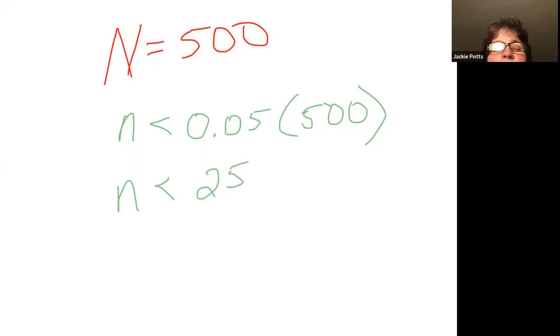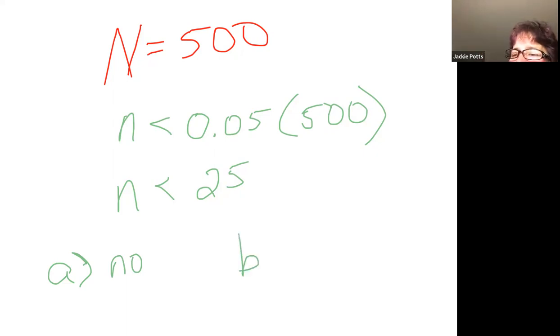So I have to have a sample size of less than 25. Looking at the first one, A, does it meet? It's saying I have a sample size of 50. Answer is no, because that's actually 10% of the population. So A, no, it's too big. But looking at B, my sample size is 20. Isn't that less than 25? So B, it's good to go.